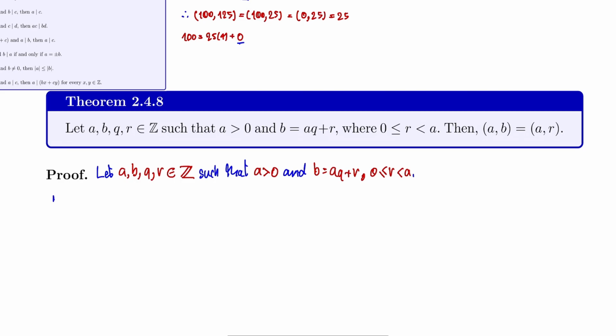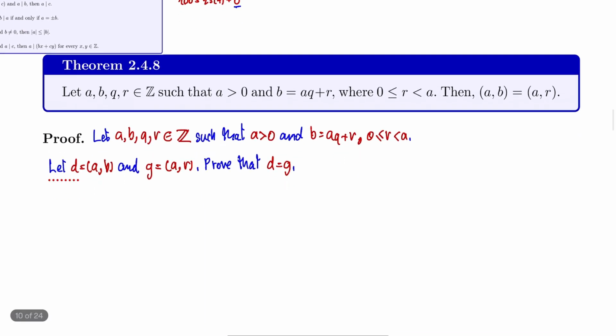So we let d be the greatest common divisor of a, b, and g the greatest common divisor of a, r. And we try to show that d equals g.